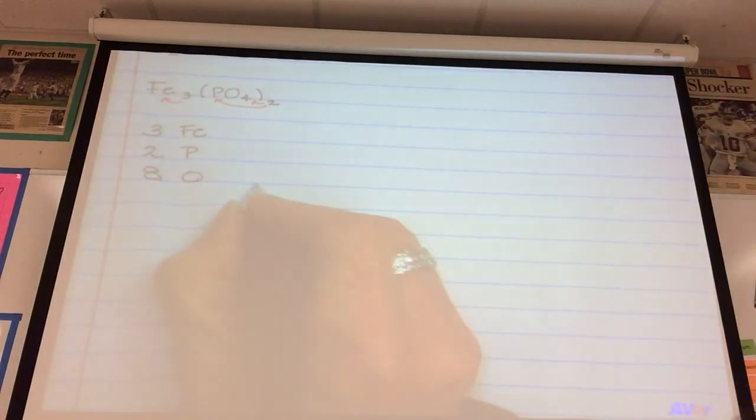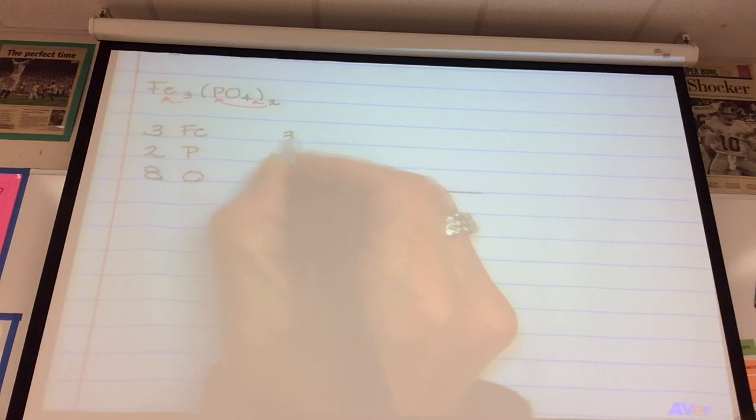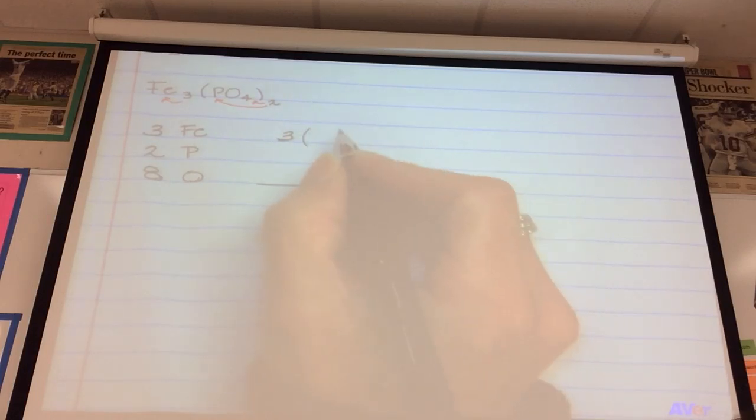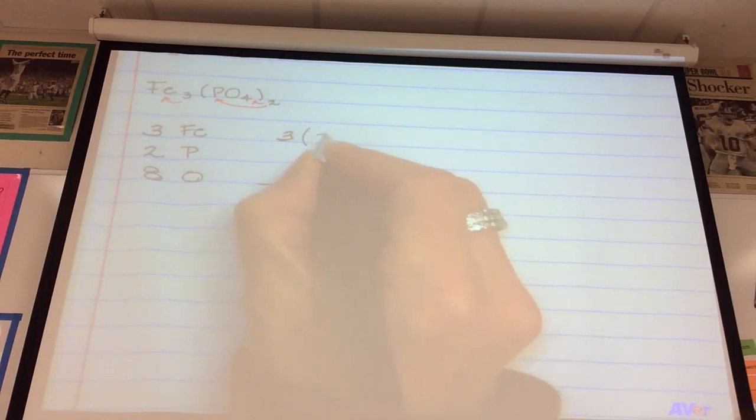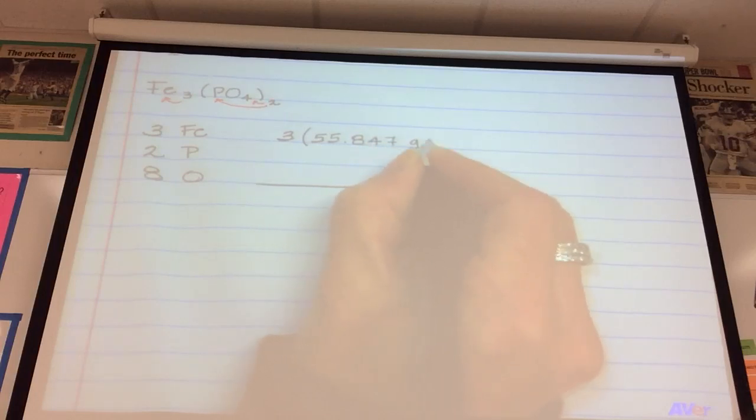To get the formula mass, I've got 3 iron. On the periodic table, I look up the mass of iron and I find 55.847 grams per mole.